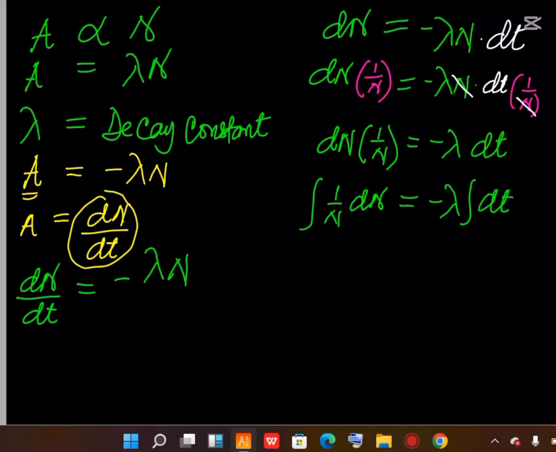Going forward, the integral of 1 over N with respect to dN is simply ln N. So ln N will be equal to negative lambda, the integral of dt is simply t, plus some constant.